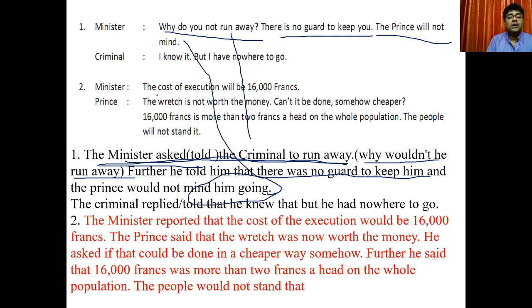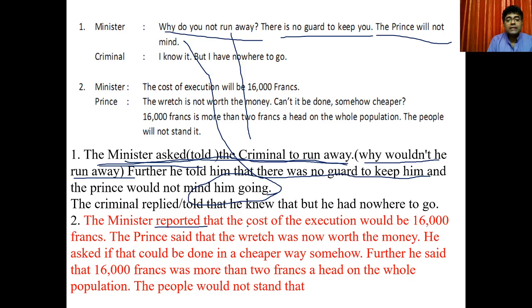Okay. See the second example. Minister, the cost of execution will be 16,000 francs. The minister reported that, because the inquiry was asked of the French government, so they reply. So it is said, the minister reports. The reporting verb we have used is report. What is the other option? Said. As I said, said is a safe, general term, but report would be exact.